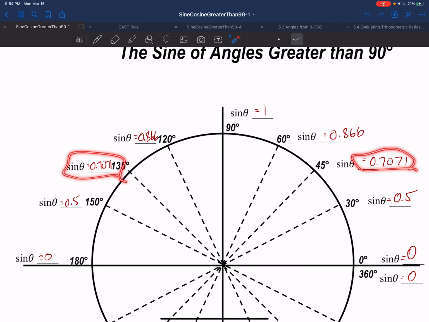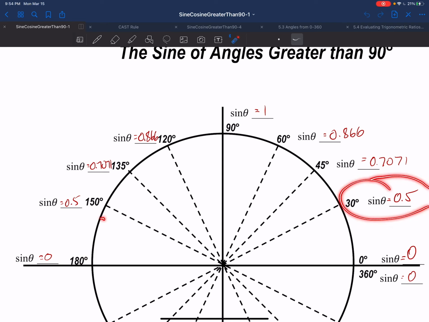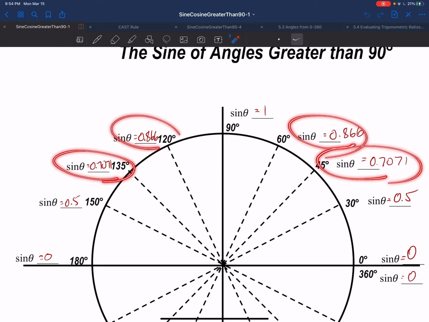The ratios are the same. So the sine of 0 degrees is the same as the sine of 180. The sine of 30 is the same as the sine of 150, and so on. You can see they're the same numbers.